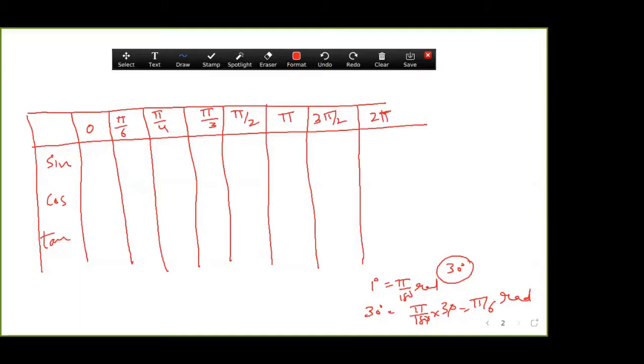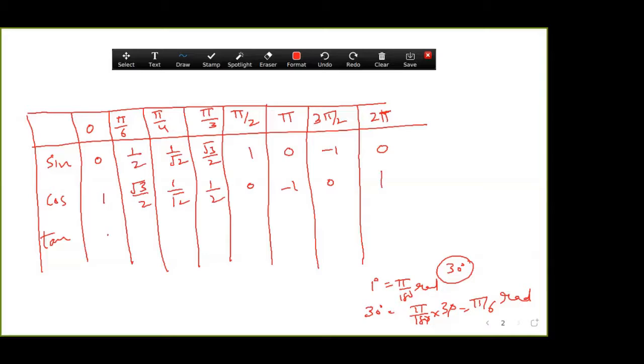Okay. Now values, as you know earlier, sine 0 is 0, same. This is 1 by 2. This is 1 by root 2. This is root 3 by 2. 1, 0, minus 1, 0. And for cos, this is 1 reversed, root 3 by 2, 1 by root 2, 1 by 2, 0, minus 1, 0, 1.